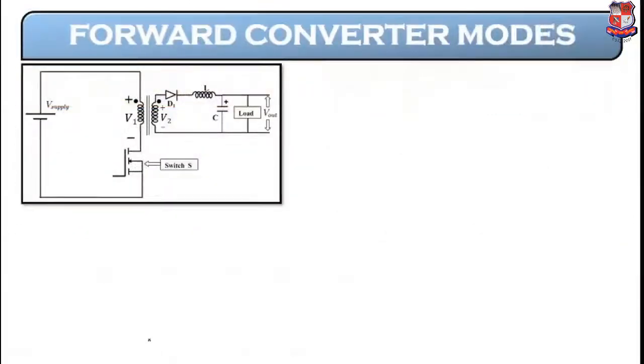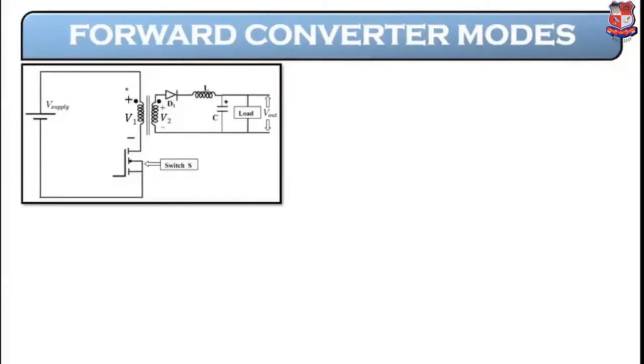So forward converter, there will be two modes. Over here you have to understand that in one case a switch and diode have to operate, and in the other case the switch will be off and only a diode will operate. So when switch is on, D1 has to remain on because the dots are on the same side.